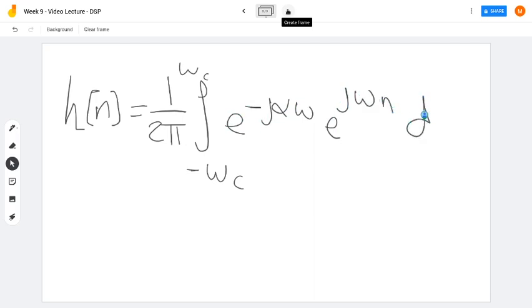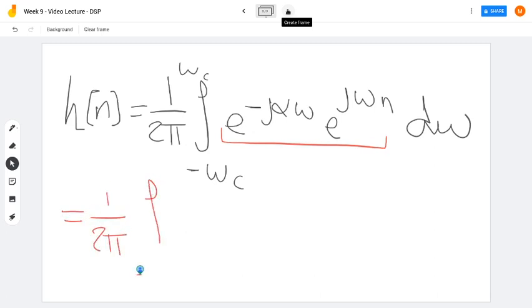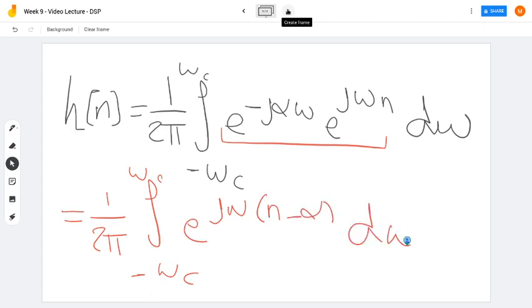And now we can combine these two exponentials together, which will be 1 over 2 pi integration from minus omega c up to omega c of e to the j omega (n minus alpha) d omega. And this integration is really straightforward.